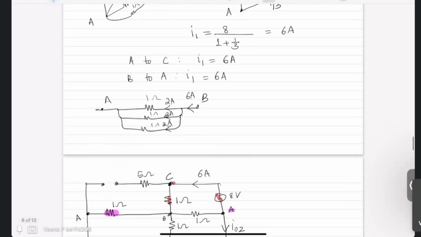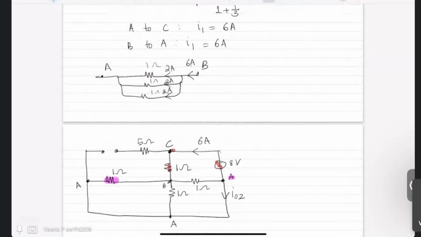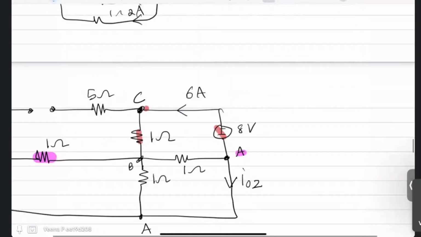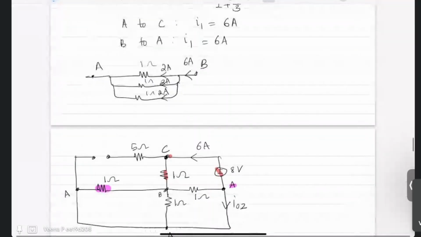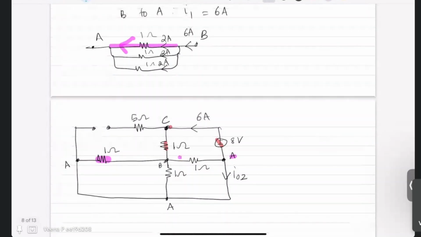It is coming from the positive polarity of 8, 6 ampere. Now from B to A, through each 1 ohm, from B to A, what is flowing?